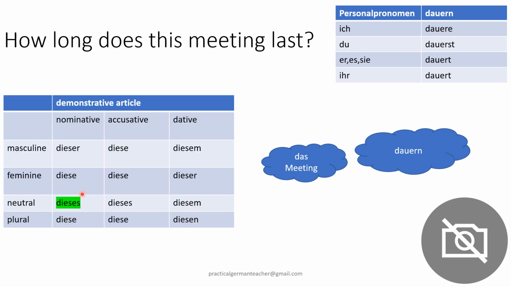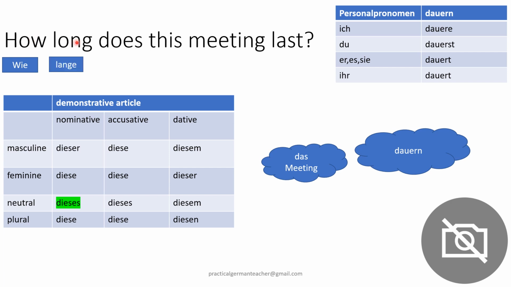Of course, you need to know how to use this in this sentence. Here you are using it with meeting, which is neuter, and it happens to be in nominative case. So here it is dieses. You start with wie, that is how.